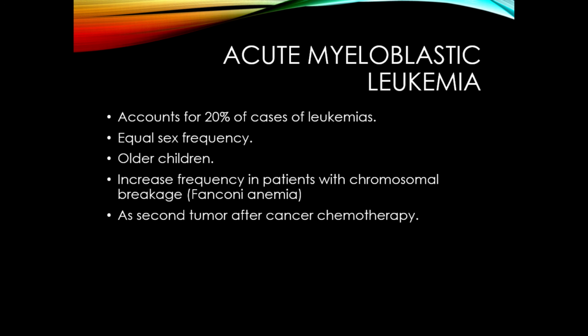It occurs more in older children, and there is increased frequency of acute myeloid leukemia with chromosomal breakage, like Fanconi anemia, and it can occur as a second tumor after cancer chemotherapy, like the ALL, but it is more common that patients with cancer chemotherapy end up with AML.